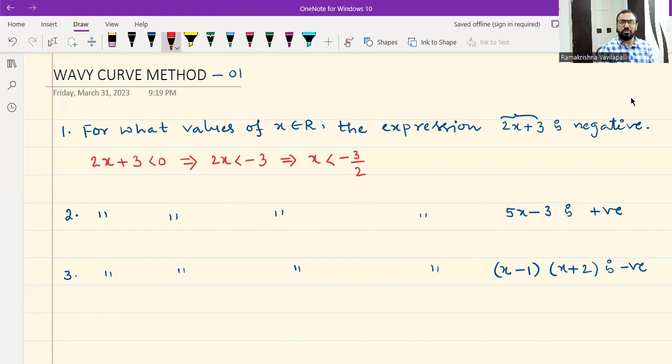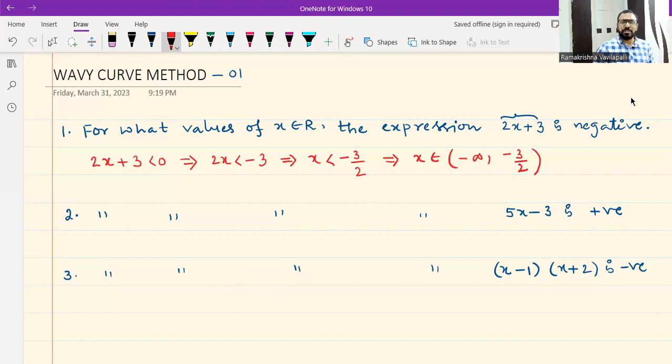So if you take any real number less than minus 3 by 2, then 2x plus 3 will be negative. So in interval form, we can write x belongs to minus infinity to minus 3 by 2. This is an open interval.